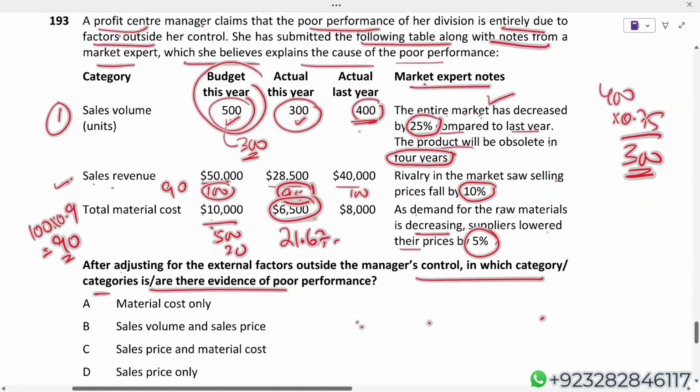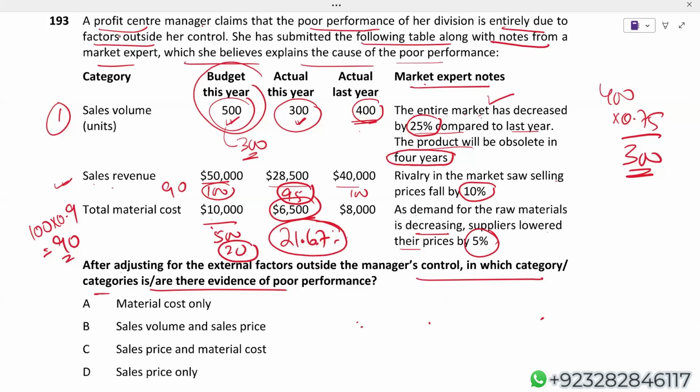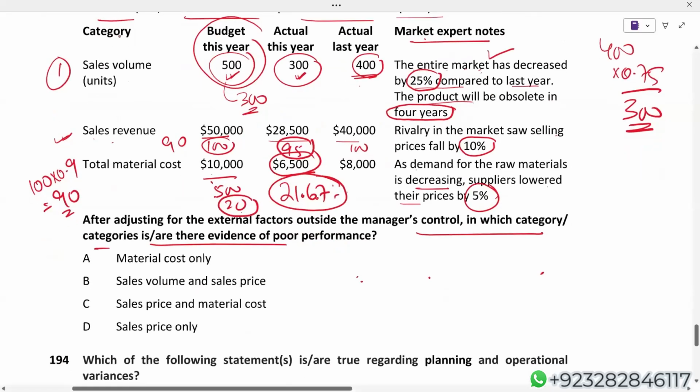Already, we are paying more than the original standard material cost. And the question says, according to external market experts, as demand for the raw material is decreasing, the supplier was charging 5% less. According to that, if I reduce my standard purchase price of the material by 5%, so if I take 95% of 20, it should be 19.